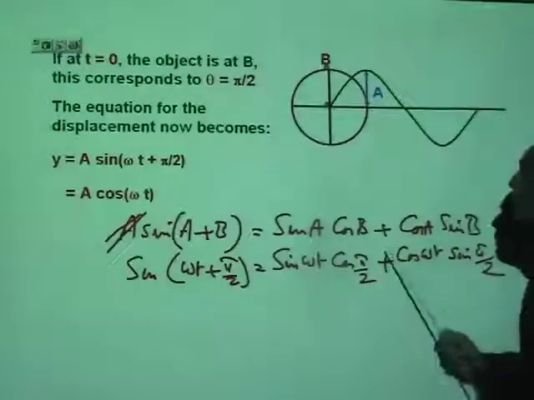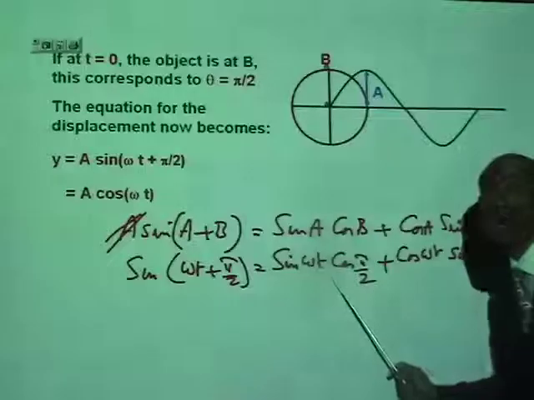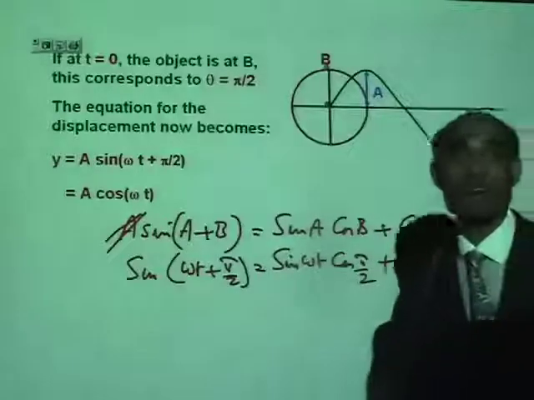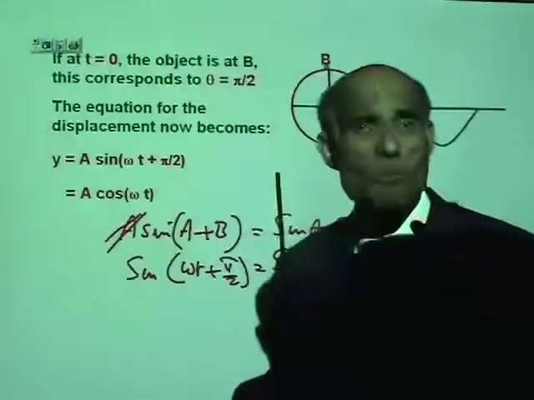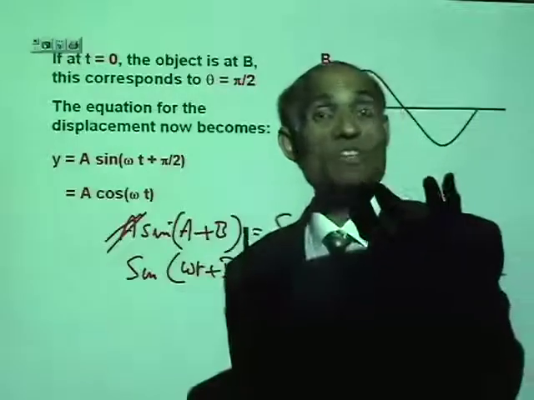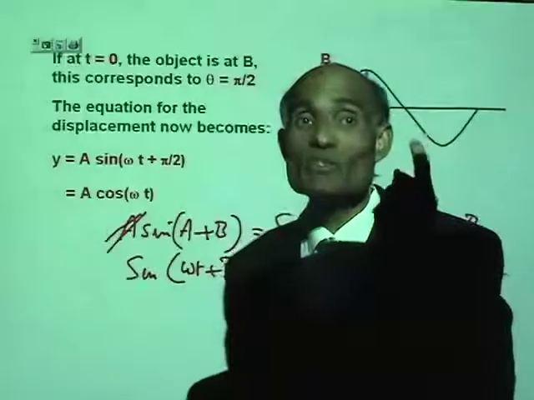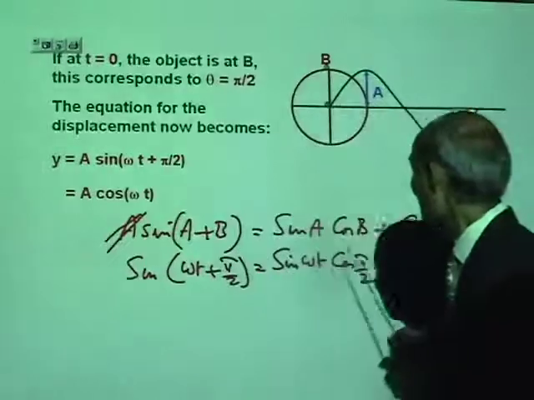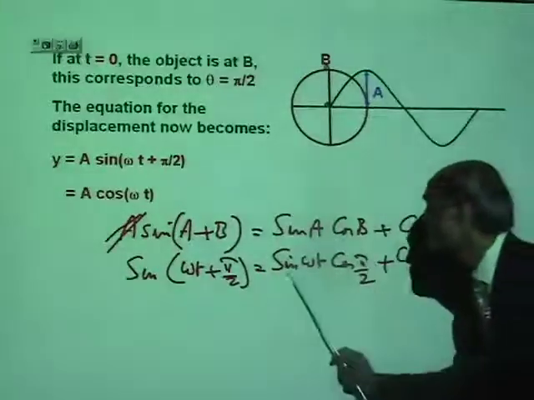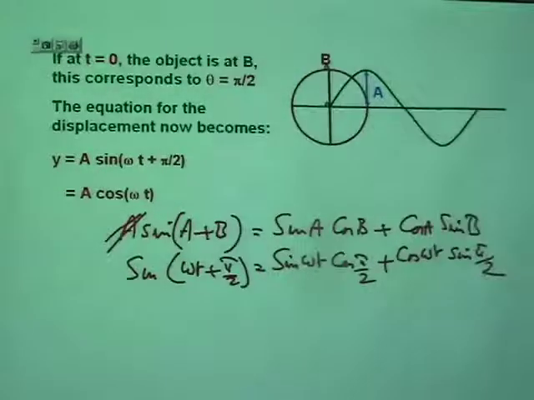Alright, tell me what is the value of cos pi by 2? I want to know how many of you know that. Cos pi by 2, cos of 90 degrees is 0. So cos pi by 2 is 0, which means that term will disappear. This will go because cos pi by 2 is 0.